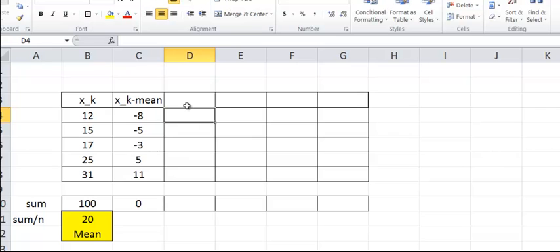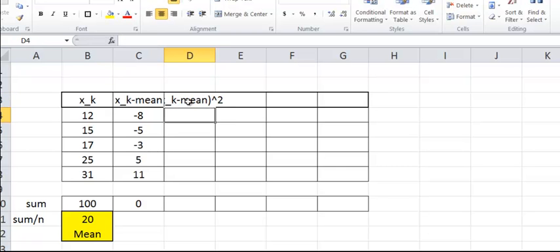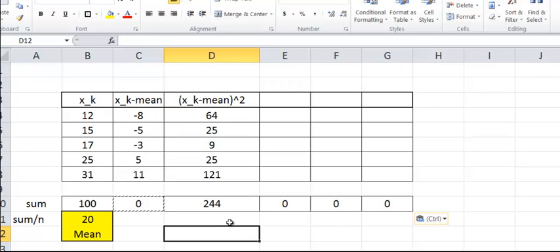Okay. Now what we want to do is take each of those, x sub k's minus the mean, and square them. So it equals the one to the left to the power 2. No, equals the one here to the power 2. There we go. And copy and paste that. And let's just copy this, and we can sum that.